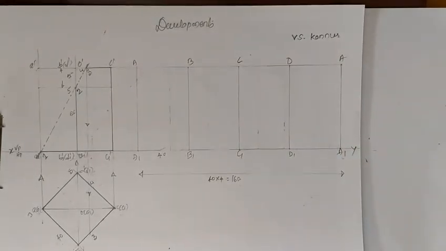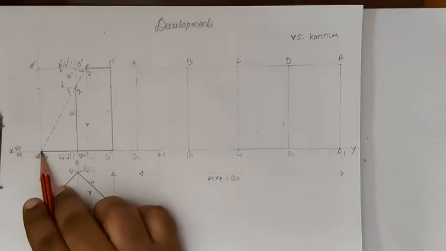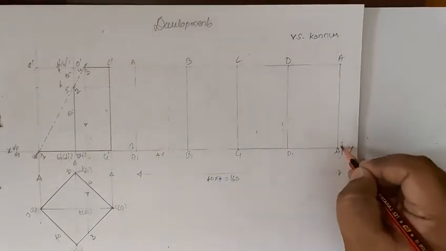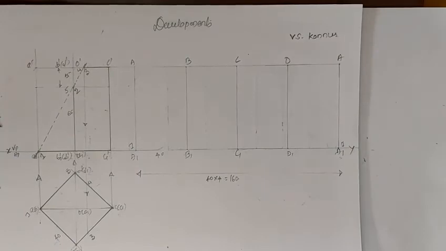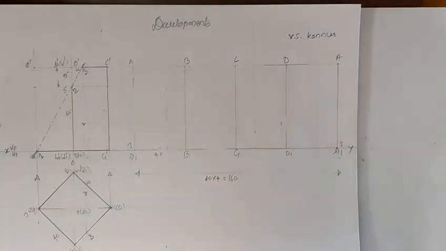Now after making this, wherever cuts are there on AA1, BB1, CC1, DD1, directly draw horizontal lines. On AA1, directly we'll get the first point here. No need to draw, it is on the XY line. So I've taken the first point here and here.